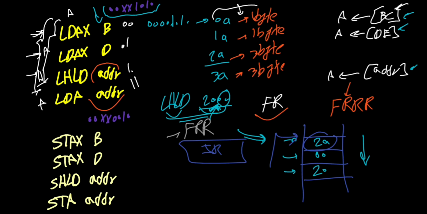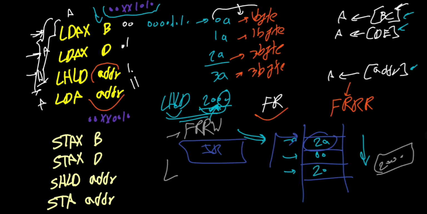Now, the address bus would select the memory cell 2000, right? So the memory cell 2000 would be selected, and obviously a read would happen. This read would write the value in 2000 into the L register, not the H register, in the L register.